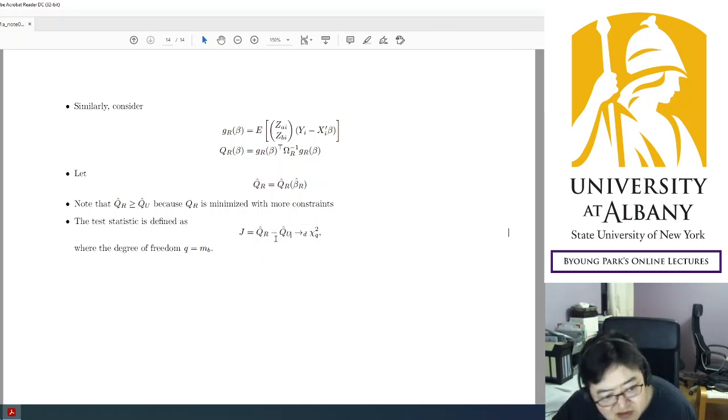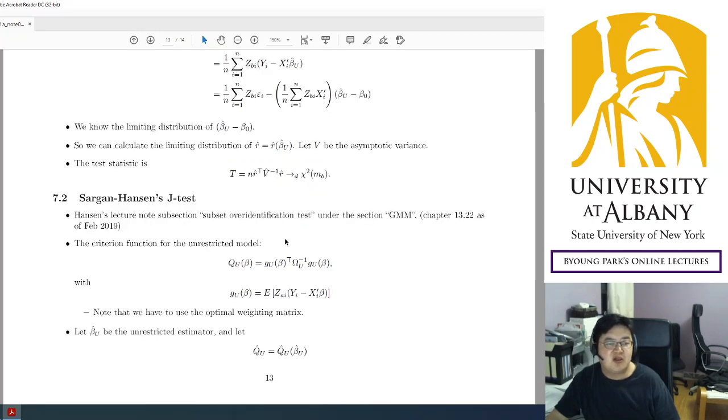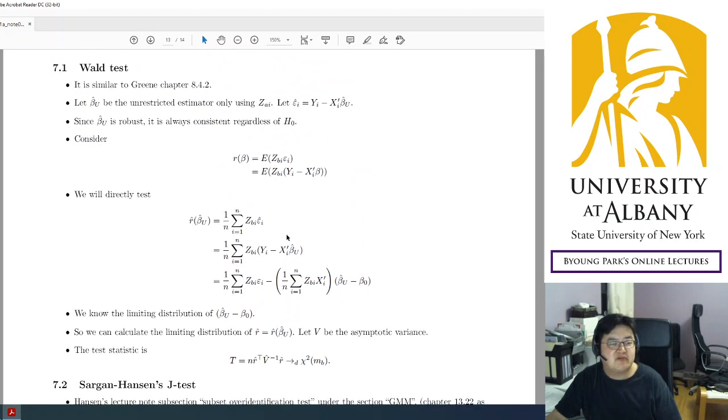And what is interesting here is that this is following chi-square. So there is no standardization needed. By the way, let me clarify.